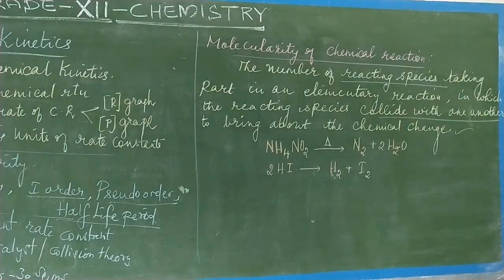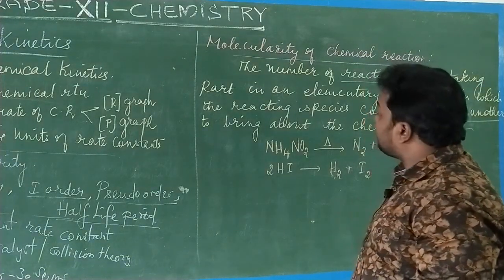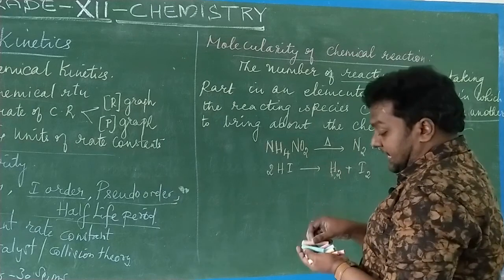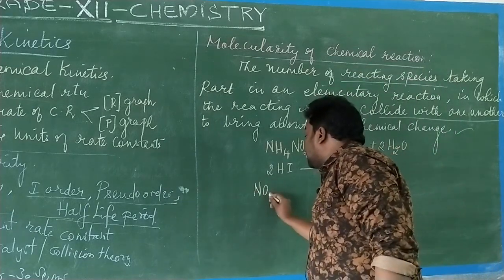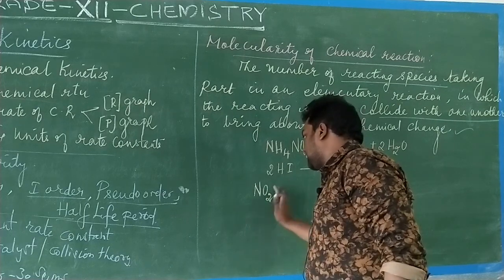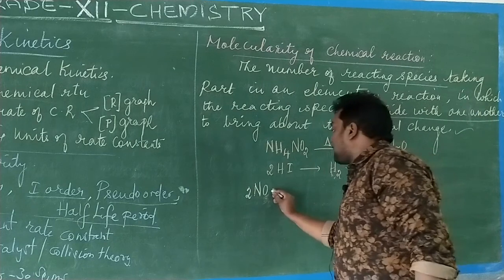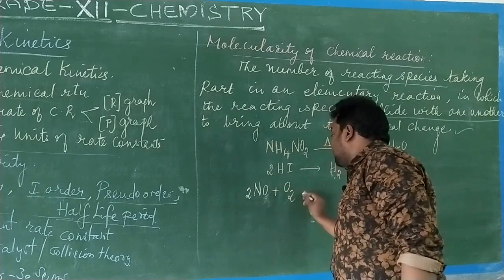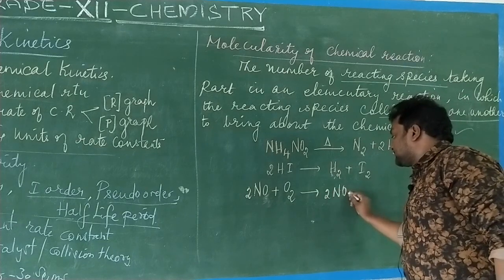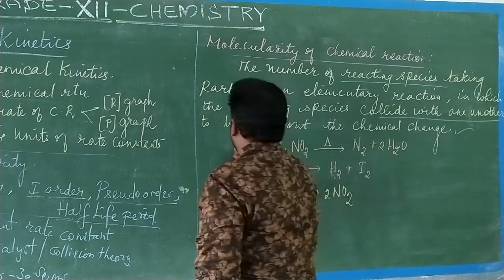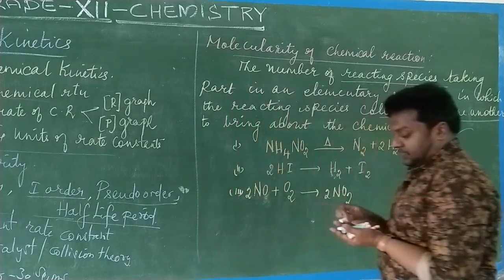Similarly you take 2 molecules of nitrogen monoxide that combine with oxygen, giving rise to the formation of 2 moles of NO2. So this is the first example, this is the second example, and this is the third example.